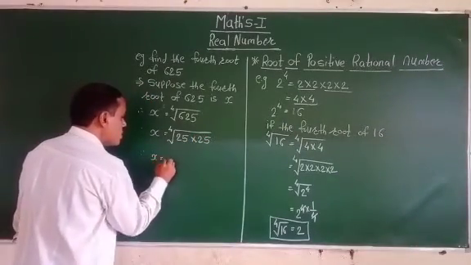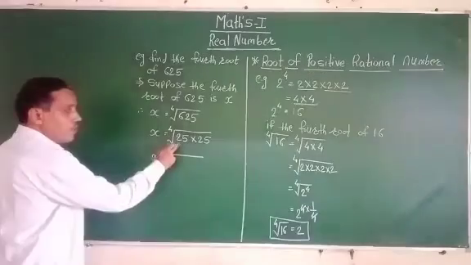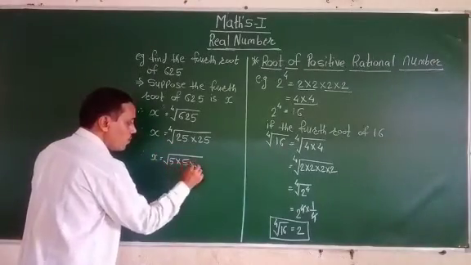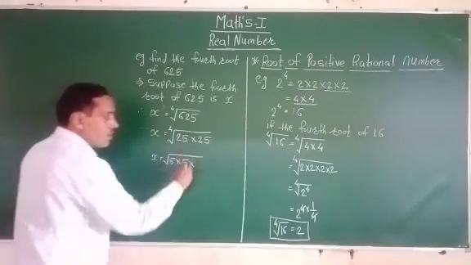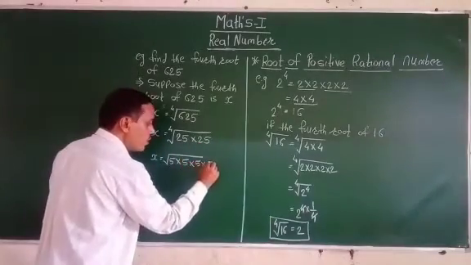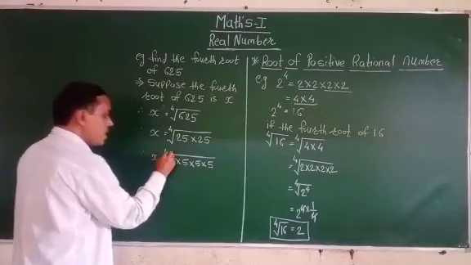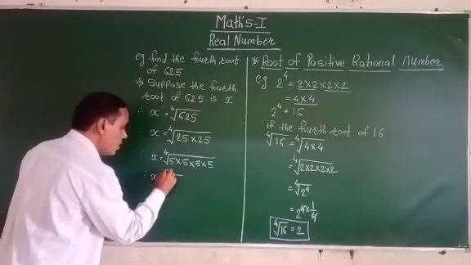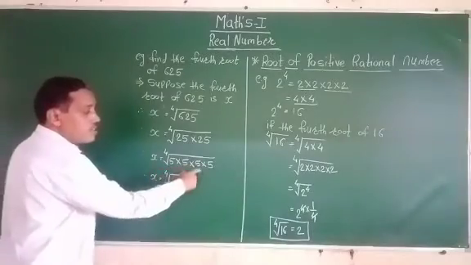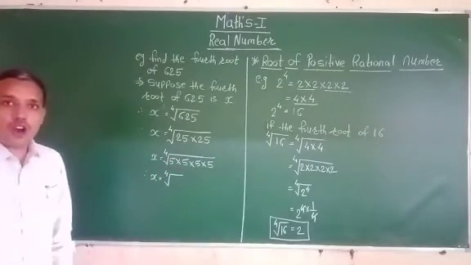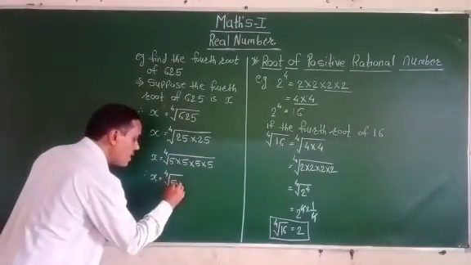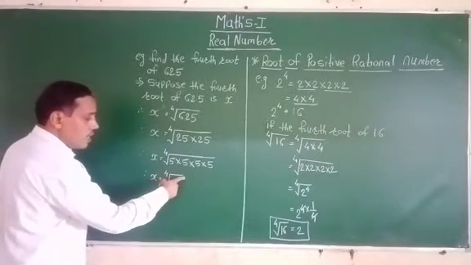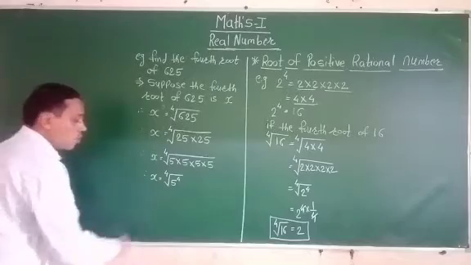Again we factorize that 25, which is 5 into 5, and the other 25 is also 5 into 5, under the radical sign of order 4. So x is equal to the radical of how many 5s in the product? There are 4 times. That means we write 5 raised to 4 under the radical sign, whose order is 4.